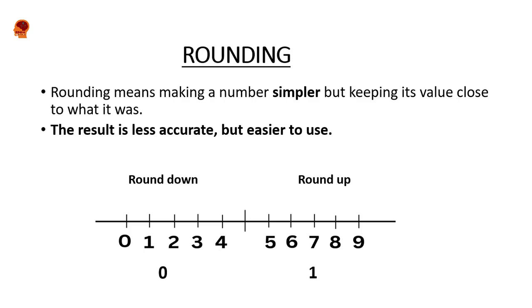Now, to make it more explanatory and give more understanding, let's see some examples. 73 rounded to the nearest tens is 70. Why? Because 70 is closer to 73. That is rounding.